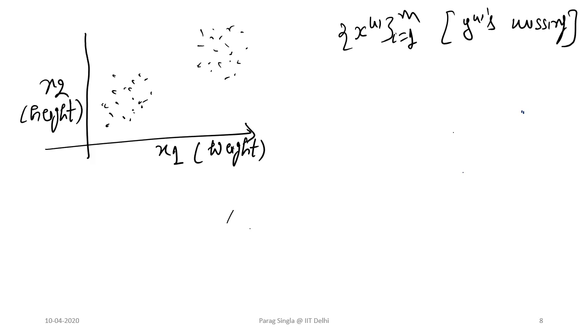Someone tells you that there are two kinds of animals in the zoo, and I'm only going to give you the height and weight of each animal, and I'm not going to tell you which point was generated from which set. Now the question is, can you still do something interesting? Let us look at this particular picture. This is, let's say, how the height and weight of these animals are distributed.